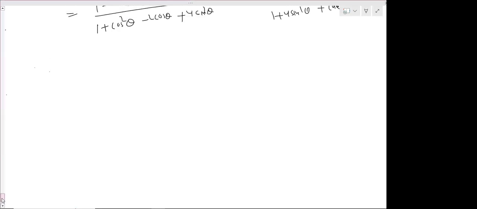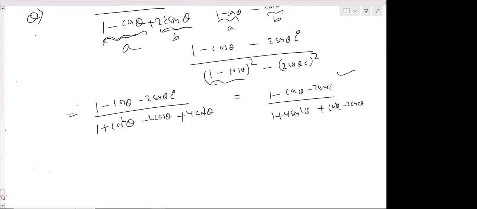Sir, can you show the last step? Sir, is it 4 sin square theta, right?